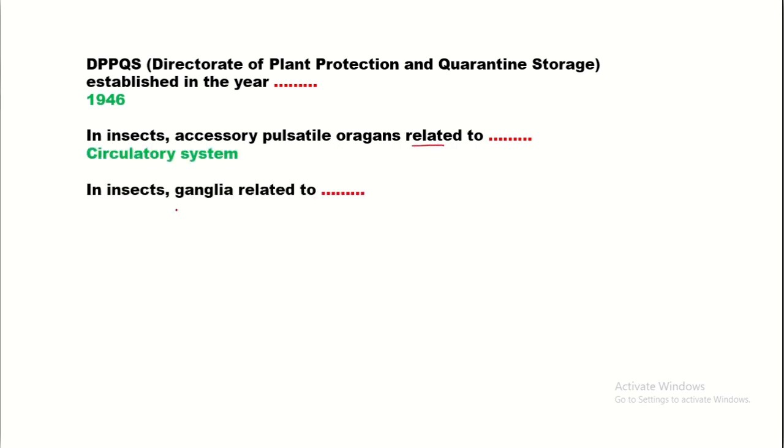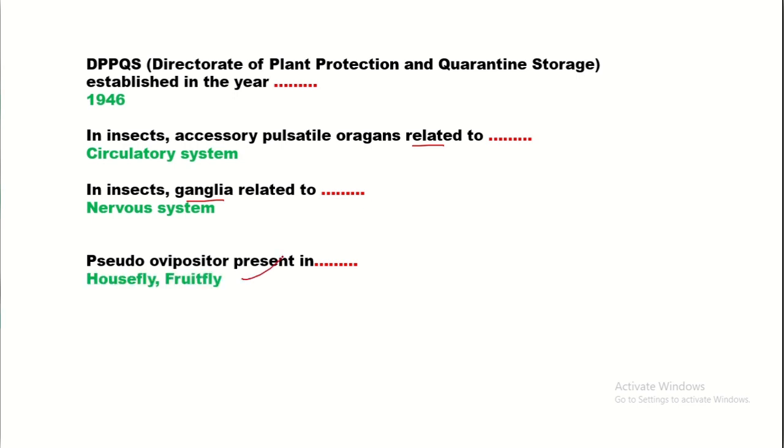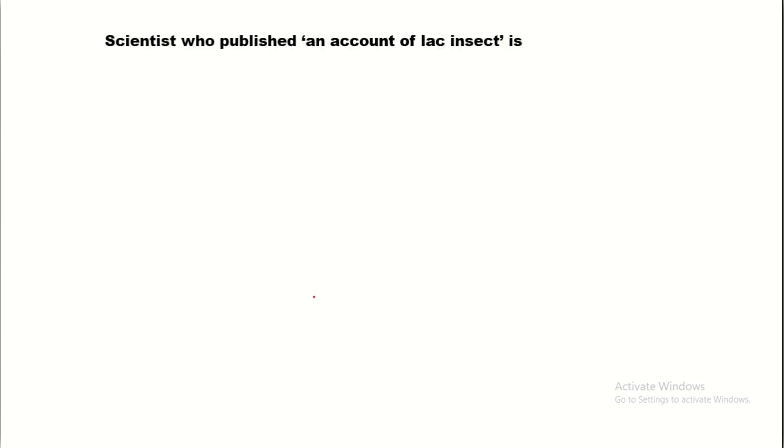In insects, accessory pulsatile organs are related to the circulatory system. In insects, ganglia are related to the nervous system. Pseudo-ovipositor present in housefly and fruit flies. Needle-like ovipositor present in cricket. Scientist who published an account of black insect is J. Kerr.